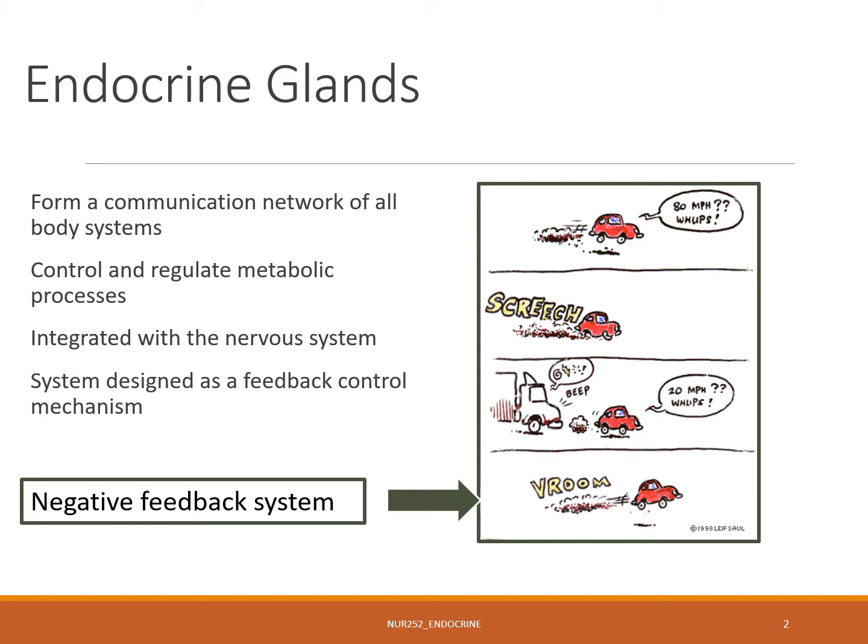Positive feedback stimulates the release of a hormone when serum hormone levels are low, such as oxytocin in childbirth. Negative feedback inhibits the release of hormones when serum hormone levels are high, or the rising hormone level turns off the initiating change that triggered the release of the hormone.